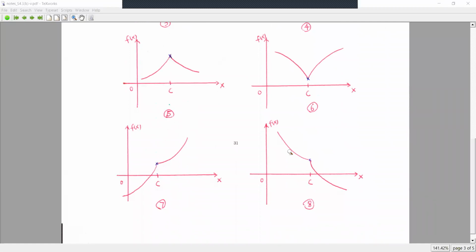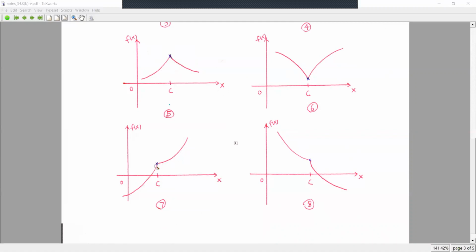Then case number 5 to number 8 correspond to a critical point where the graph has a corner. At the corner, the derivative doesn't exist. Case 5, the function has a maximum. Case 6, the function has a minimum. Case 7, the function has no maximum, no minimum.